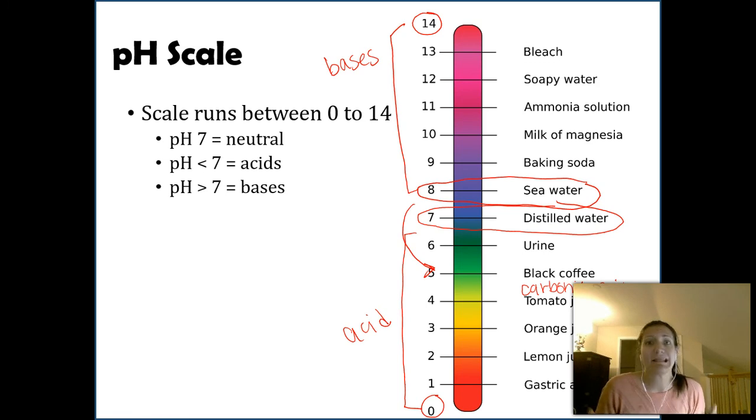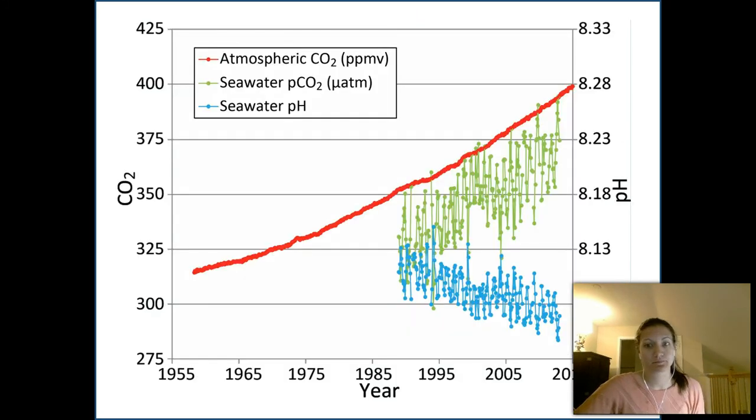Now, we are not adding that much carbonic acid. It's not 1 part seawater, 1 part carbonic acid. But it is enough carbonic acid to lower that pH from below 8. And that's exactly what we're seeing. So the same graph we saw before, here is the atmosphere carbon dioxide. Here is the seawater carbon dioxide.